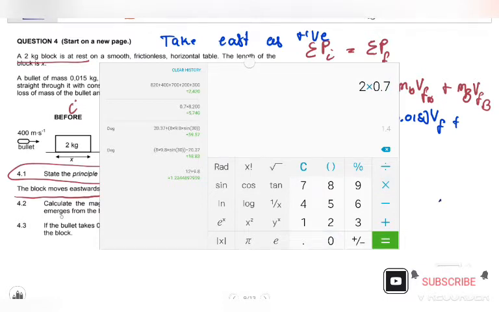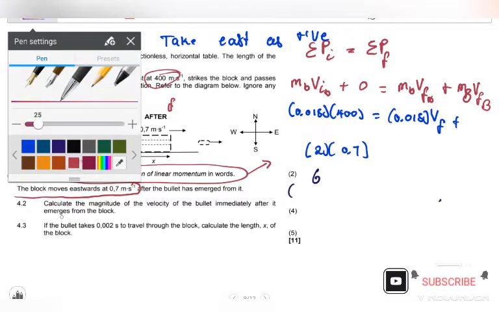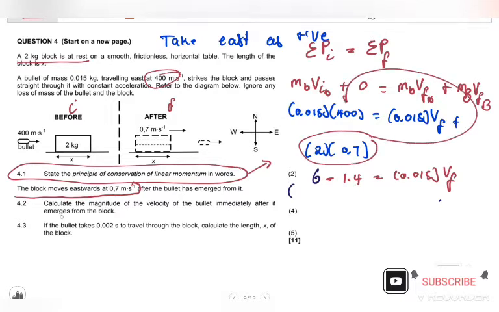Okay, so we bring this to the other side, and it's going to have a negative sign, so it's going to be negative 1.4, equal to, on this side you are left with 0.015 multiplied by v final. Remember, as I said, you take this to the other side, so it becomes negative.